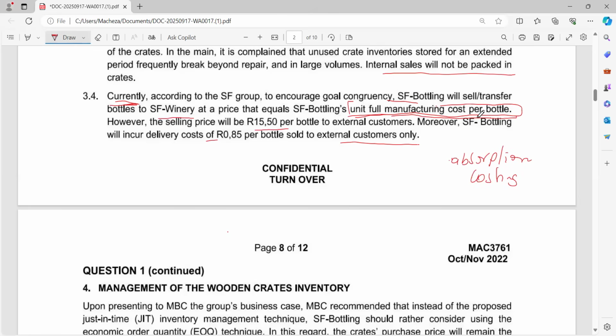So in our answer, we need to compare this current price and the minimum transfer price. We have to compare the unit full manufacturing cost and the minimum transfer price.